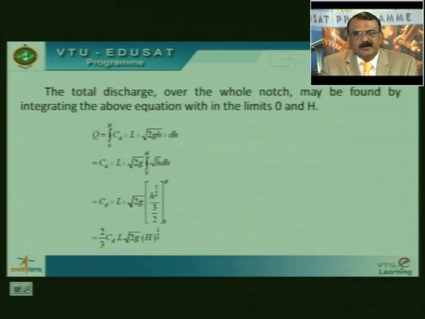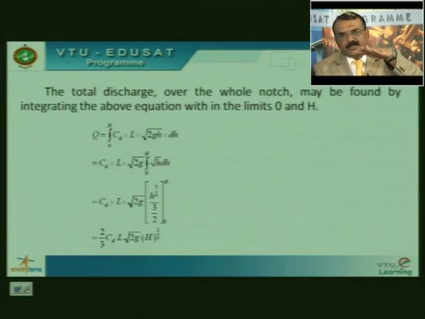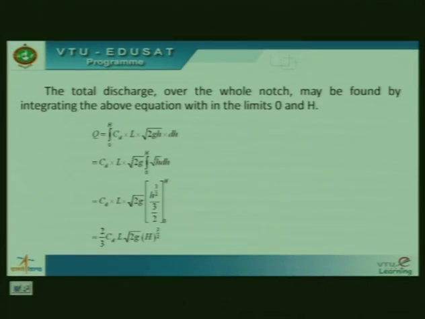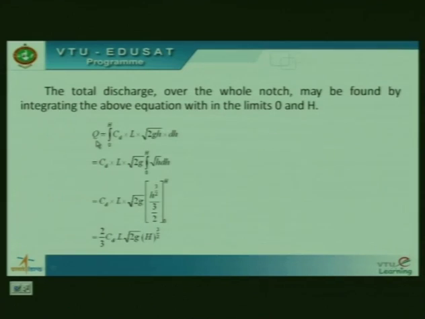Again, you are dividing this entire depth of 0 to H into a number of small strips, finding the area and the discharge in each strip. If you go on summing the discharges from 0 level to the maximum level, you get the total discharge over the entire notch. Earlier it is dQ. If you integrate that, you get the total discharge.